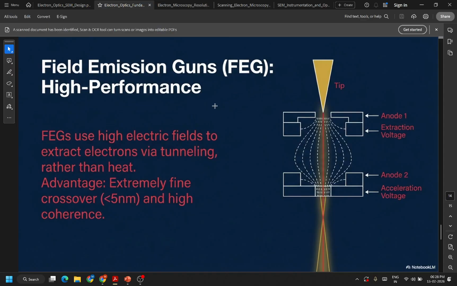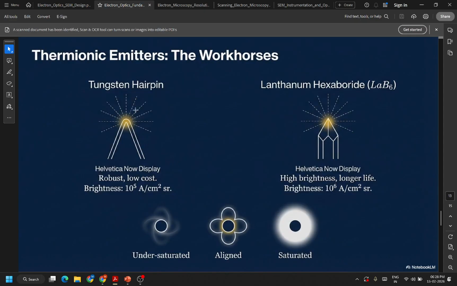Next, you have field emission guns, which have two anodes. The first anode is used to extract electrons via tunneling instead of heat. In thermionic emitters, we heat the filament, and that leads to emission of electrons from the filament.